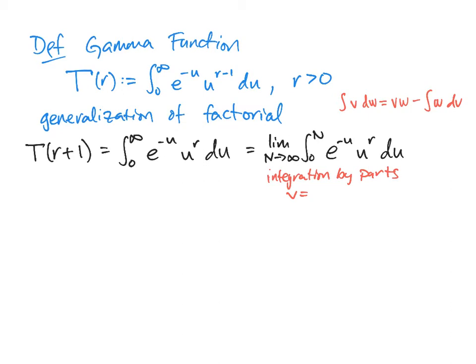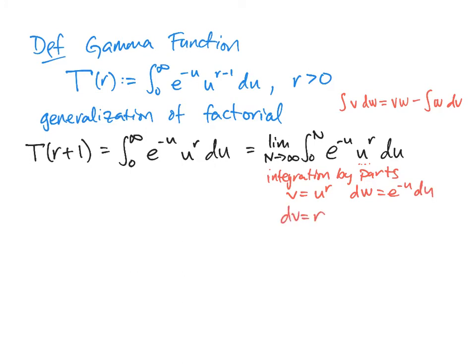All right, we basically want to get the derivative of u to the r into our new integral, because we want to go down a power. So that is what we want to be our dv. So u to the r will be our v, and then dw is e to the negative u du.